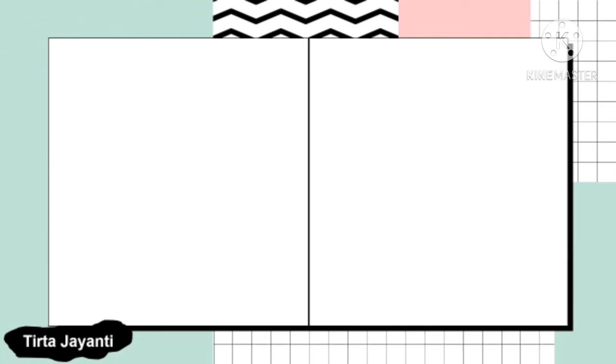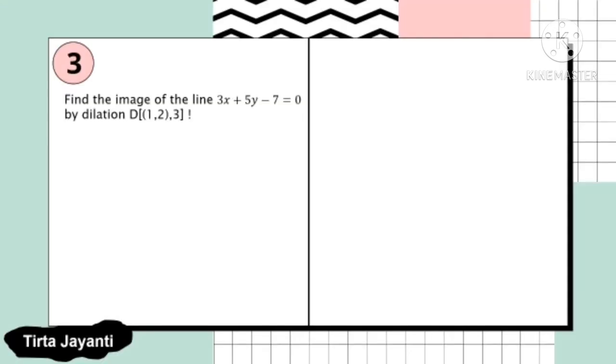The given problem is find the image of the line 3x plus 5y minus 7 is equal to 0 by dilation D with 1, 2 as the center point of dilation and 3 as the scale factor.